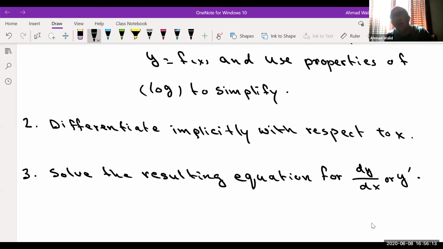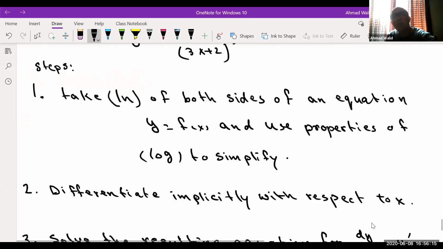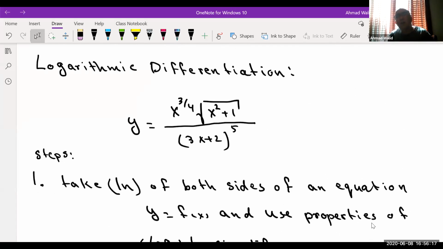These are the steps to deal with such a function. You can find the derivative of such a big function easily by doing these 3 steps.